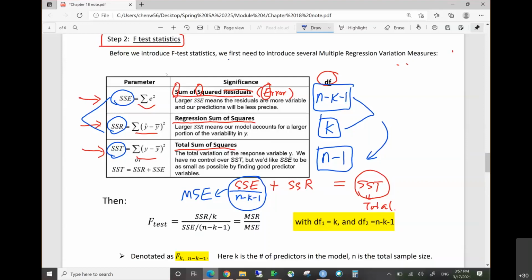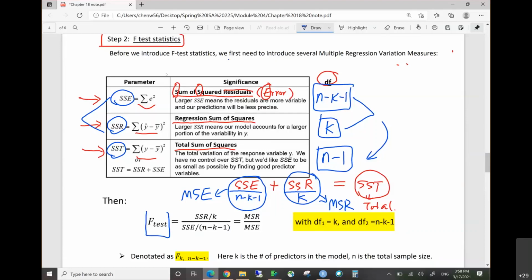All right, next one, SSR, the sum of squares for regression, divided by the degree of freedom, which is k. Then we call this the mean squared regression, MSR. And then what is the F-test statistic?